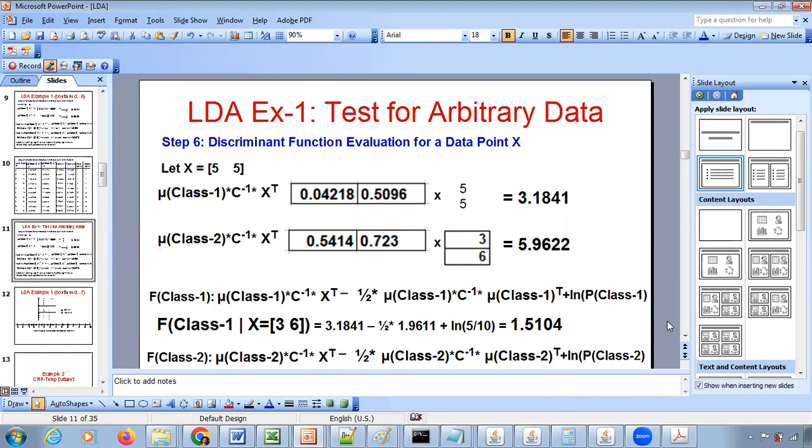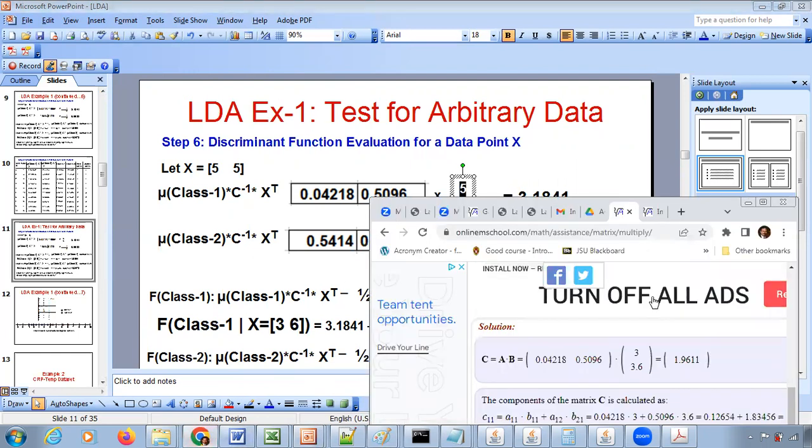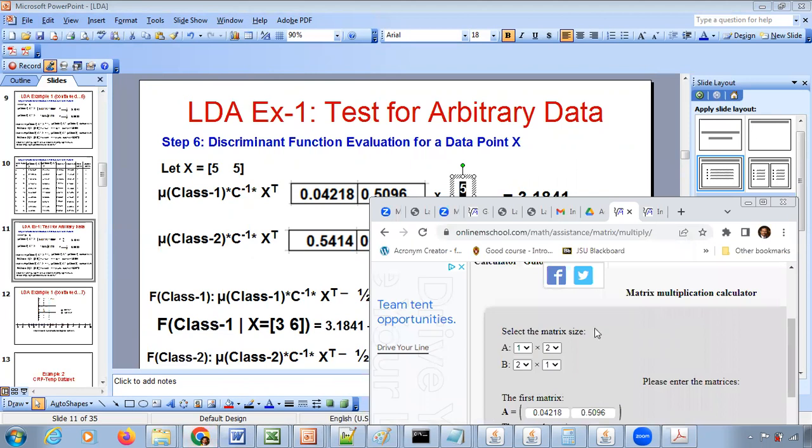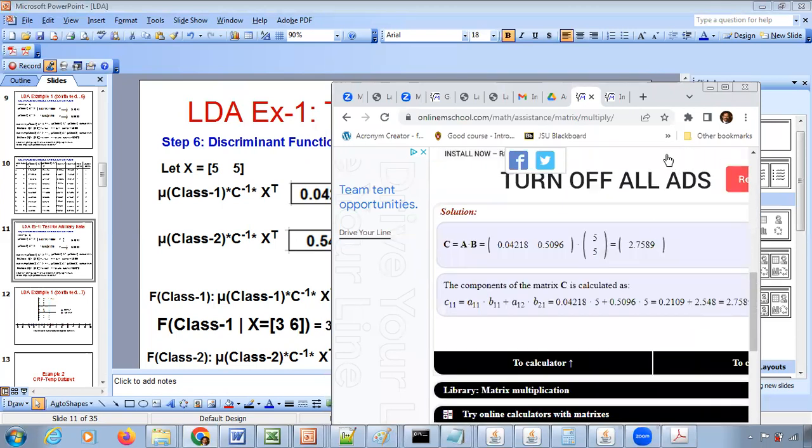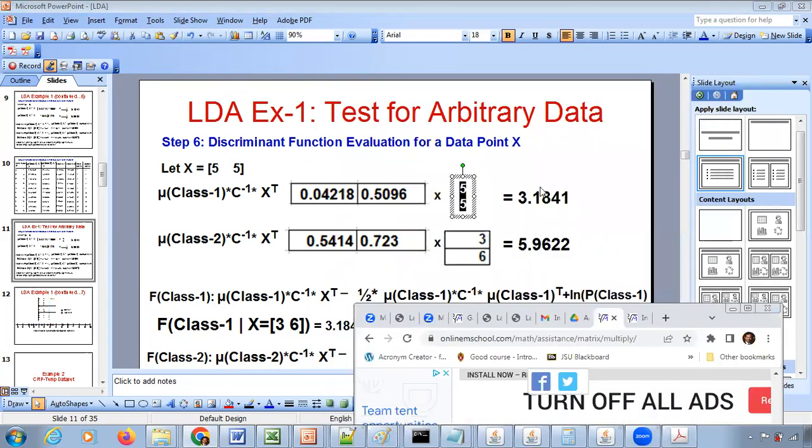So we can do that here. All right, so this multiplication, let's see what we get. So this is 1 row, 2 columns with 2 rows, 1 column. So we have that, and we have the mean entries as well. This is 5.5, 5.5. So this is coming out to be 2.7589.